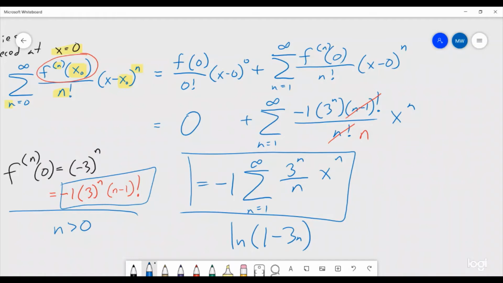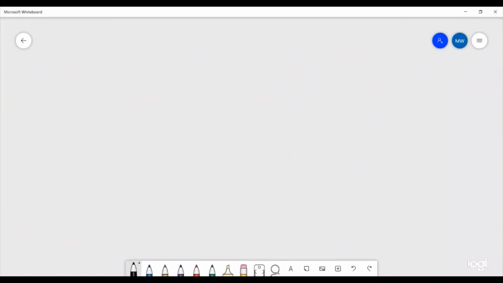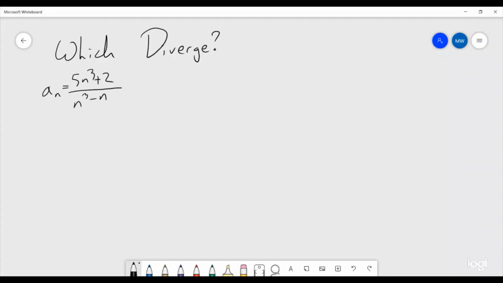Let's see, let's find another one that we could do. Let's try and figure out which sequences will diverge. So our sequences are: a sub n equals 5n cubed plus 2 over n cubed minus n.